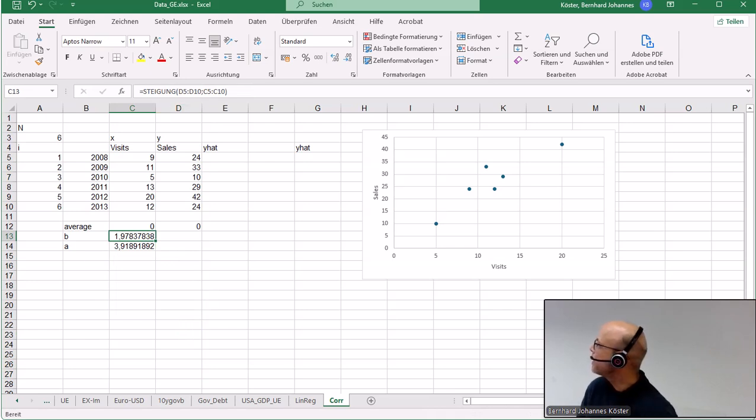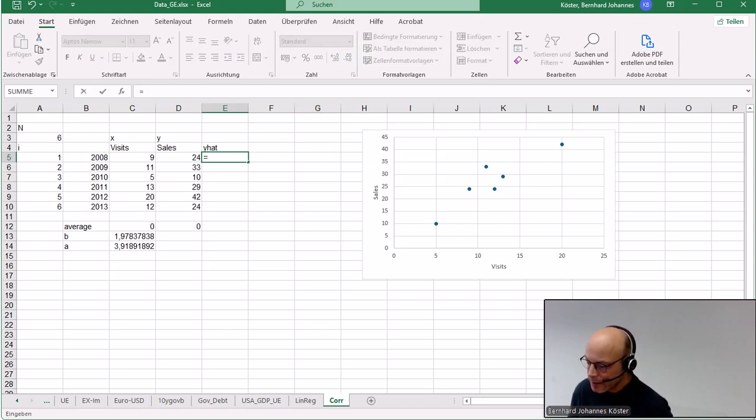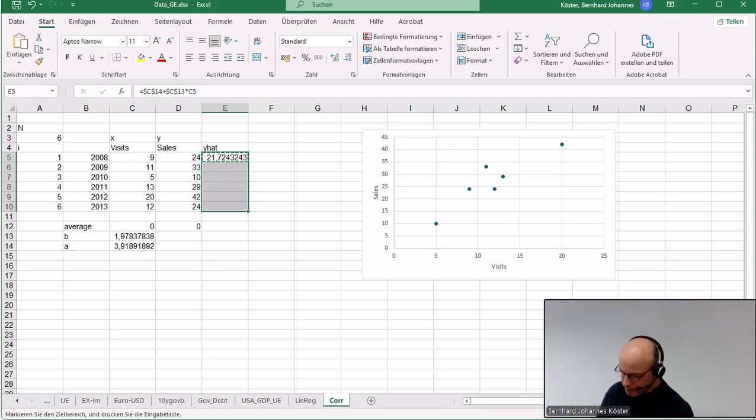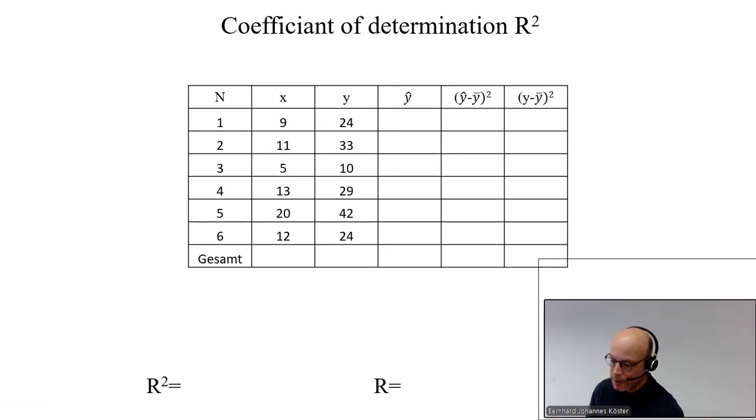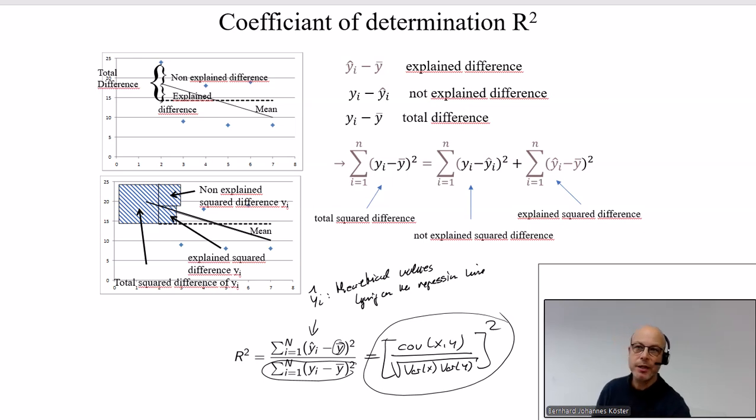So here you see I just used the formulas within Excel to calculate our two parameters, and now again calculating the numbers lying on the linear fitted line means that it is A plus B times the X value, and using this equation here in order to calculate the coefficient of determination.